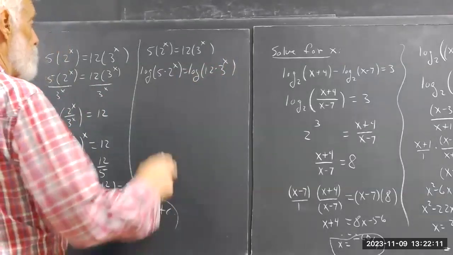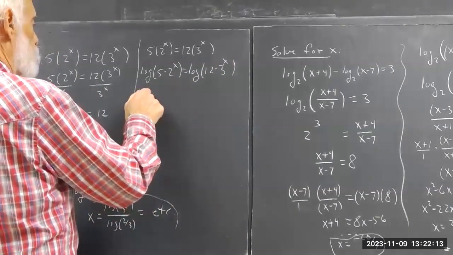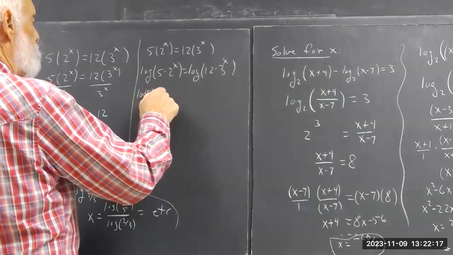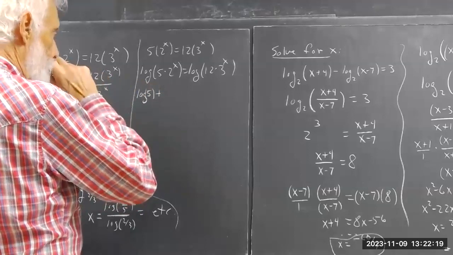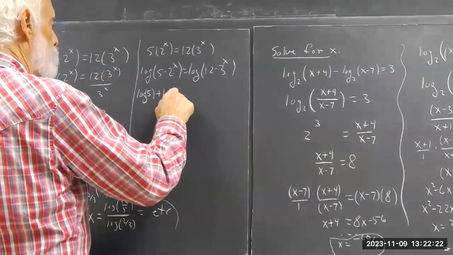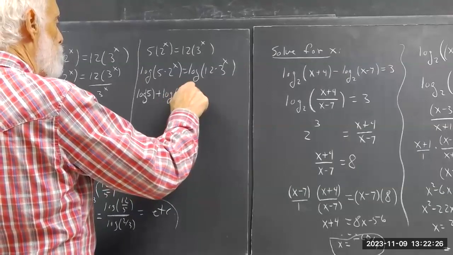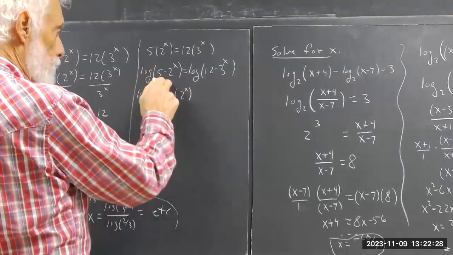Okay. Use properties of logs. This is log 5, plus the log of 2 to the x.